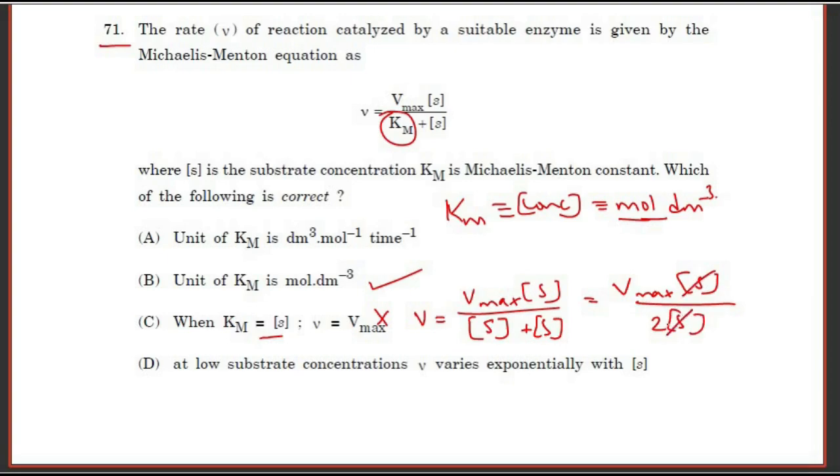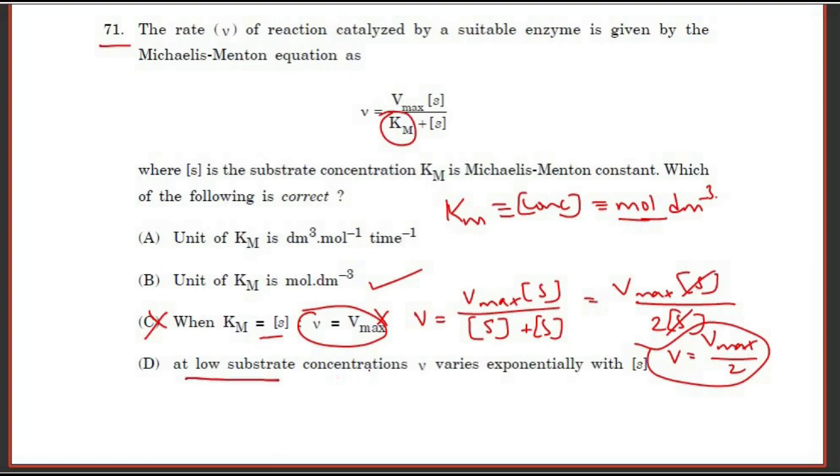This S cancels, and V will be equal to Vmax by 2. But here they have given V equal to Vmax. If V equal to Vmax by 2, this option would be correct. Hence this option is wrong.